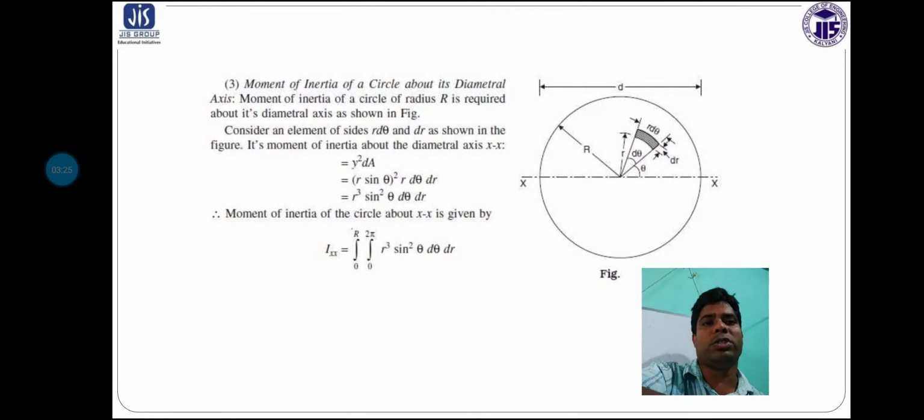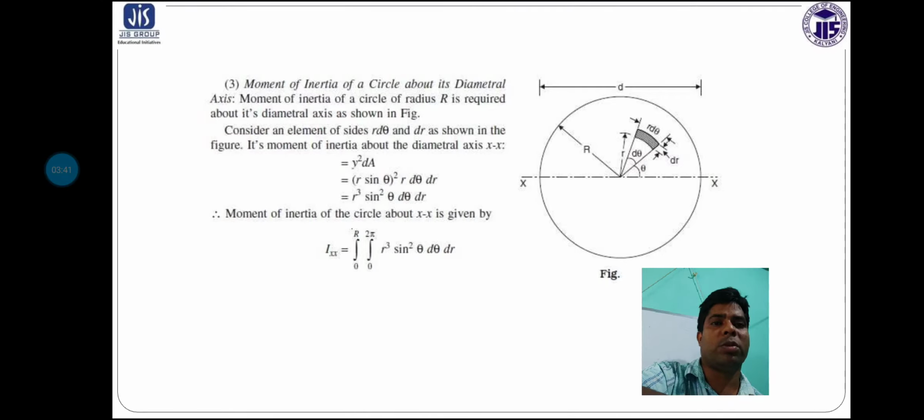Now the moment of inertia of a circular section about the diametral axis. Consider an elemental ring with sides r d theta and dr, as shown in the figure.